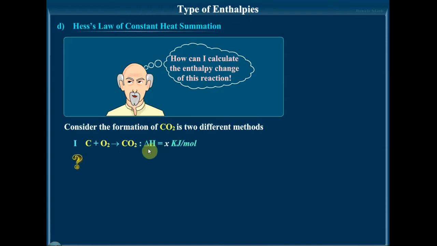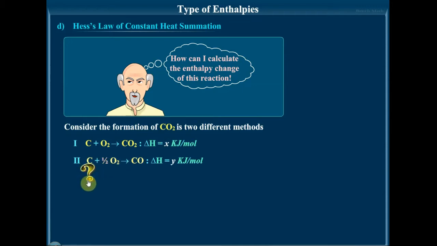What is enthalpy change? The enthalpy of products, that is carbon dioxide, minus the sum of the enthalpies of the reactants. That is the enthalpy of carbon plus the enthalpy of oxygen. So this difference is called the delta H, and let it be X kilojoules per mole. Now second, carbon dioxide can also be prepared in 2 ways. The first step is C plus half O2 gives CO, carbon monoxide.